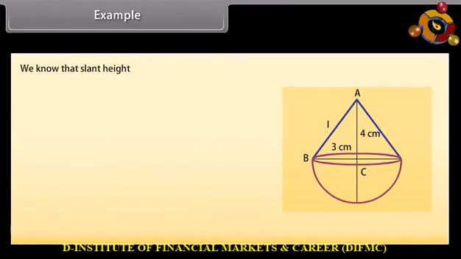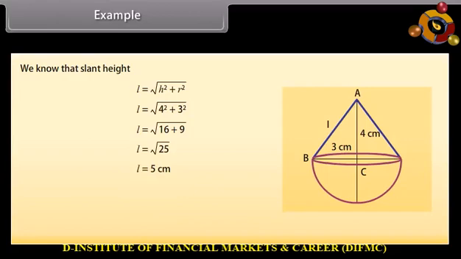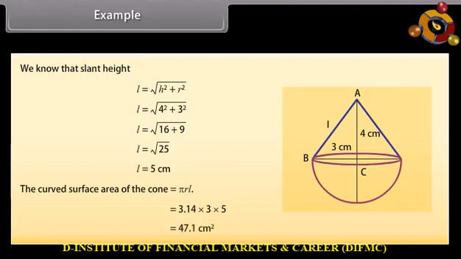We know that slant height l is equal to square root of h square plus r square, which equals square root of 4 square plus 3 square is equal to square root of 16 plus 9 is equal to square root of 25 equals 5 cm. Now substituting the values of pi, r and l, we get 3.14 into 3 into 5, which is equal to 47.1 centimeter square.